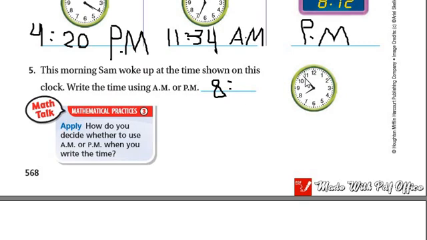The minute hand is between 10 and 11. So how many minutes at 10? Yes, 50. Let's count. We know that it takes 5 minutes from one number to the next one. So let's count by one: 51, 52, 53. It's 8:53.